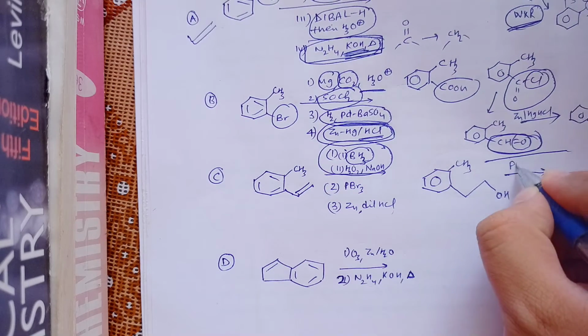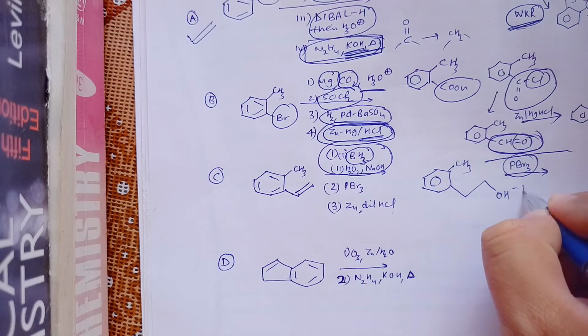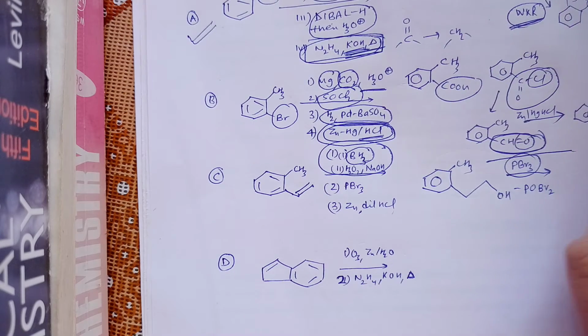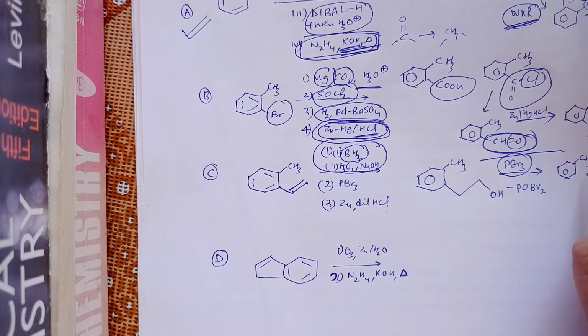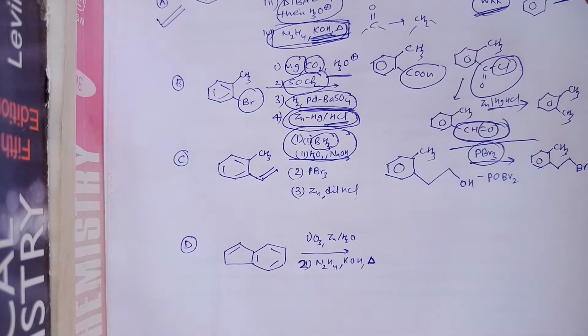Then PBr3, SN2 reaction will happen and minus PO Br2 will move out. So in place of OH you will get Br.